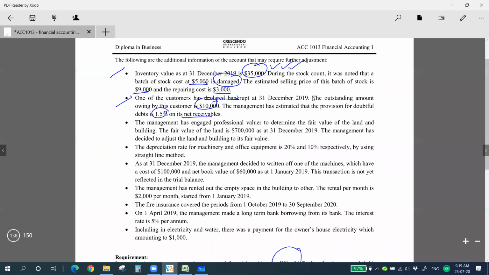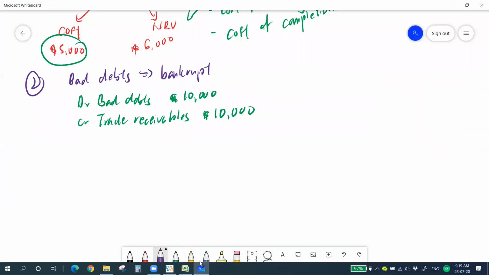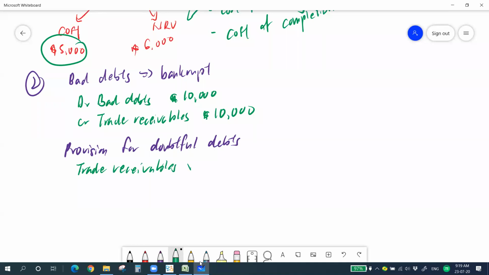And another adjustment is the provision for doubtful debts, right? 1.5%. So this is regarding the provision for doubtful debts. Formula for provision for doubtful debts: we use the trade receivables minus bad debts times the percentage.